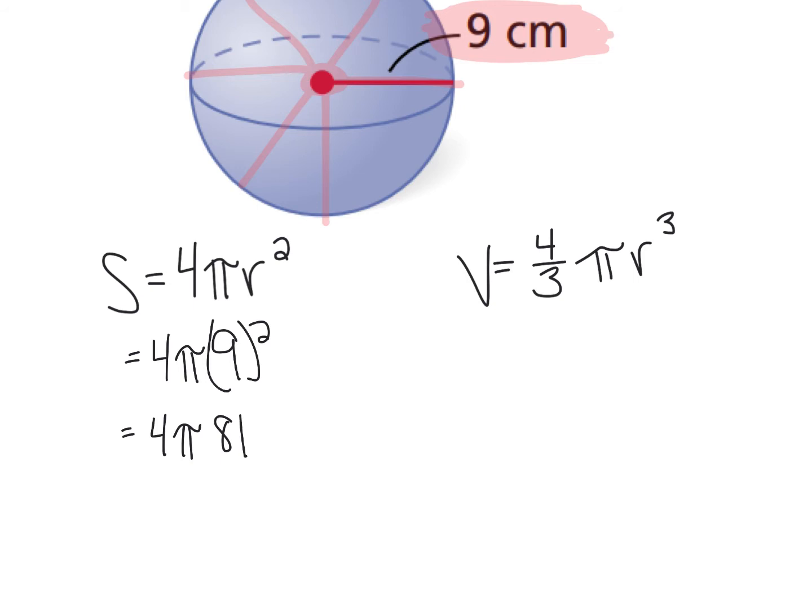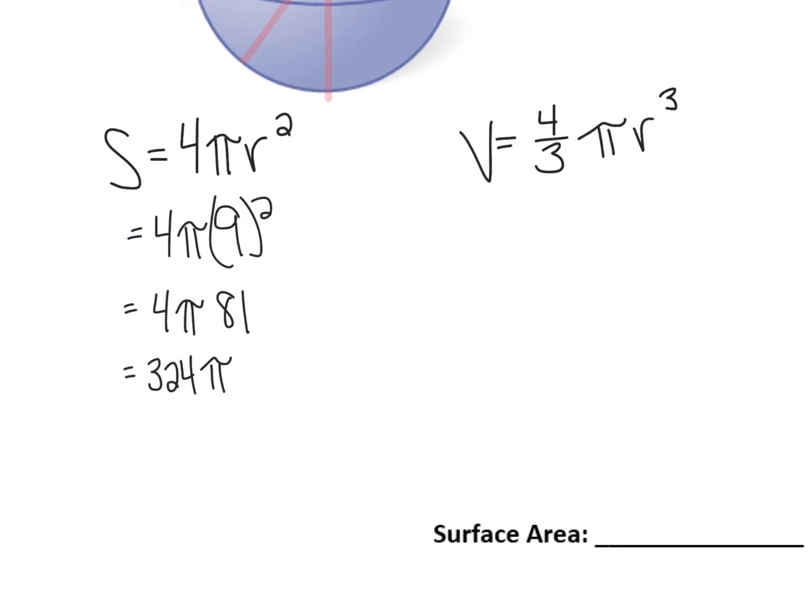I'll then do 81 times 4, which is going to give me 324. And remember, I didn't type that pi in. So if I wanted my answer in terms of pi, I would be done here. I just have to write my units. In our case, we want to take it another step forward. So we're going to go ahead and type 324 times our pi, or you could just put that pi button.